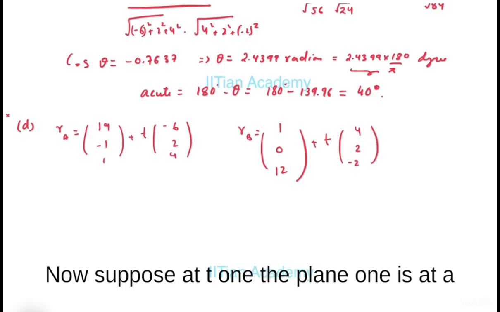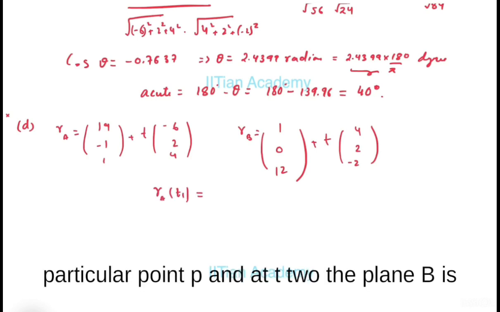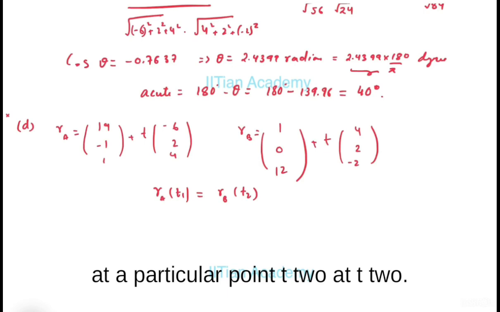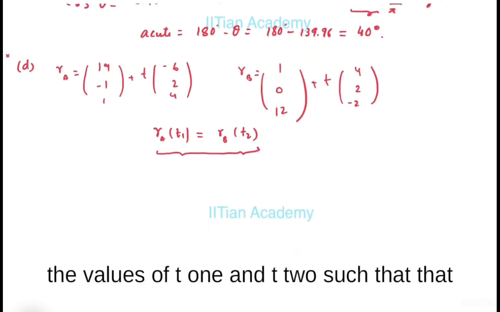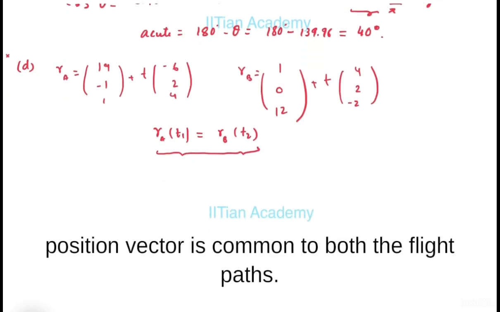Now suppose at t1 plane A is at a particular point P, and at t2 plane B is at that point. So we have to equate these two position vectors to find the values of t1 and t2 such that the position vector is common to both the flight paths.